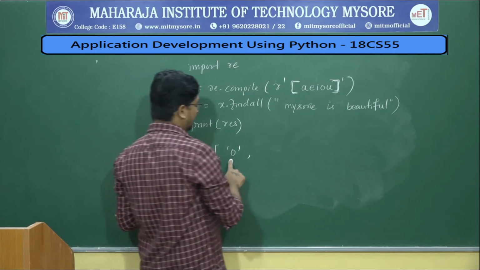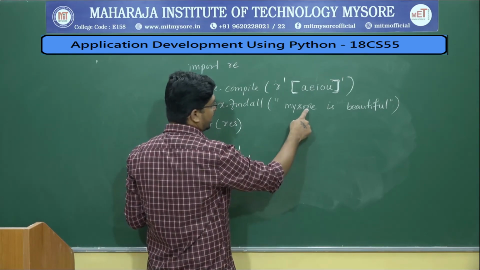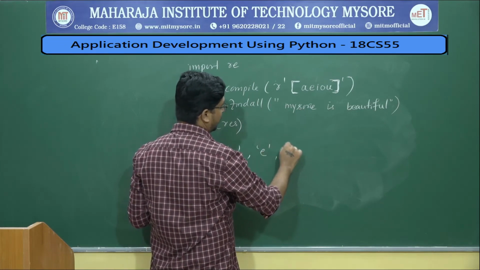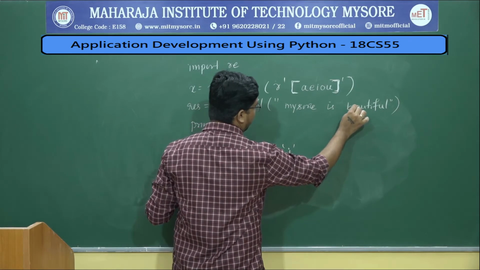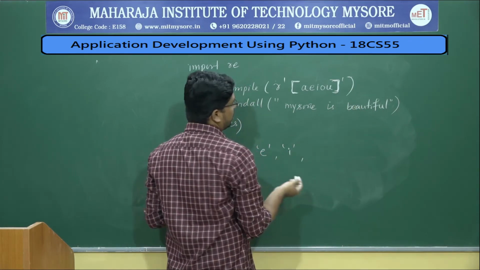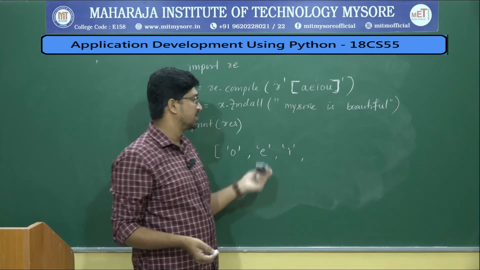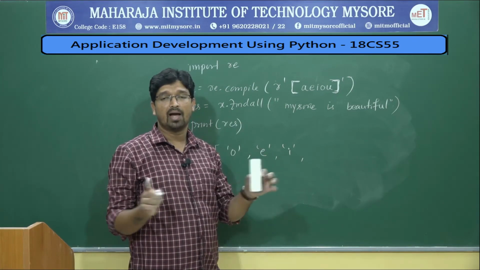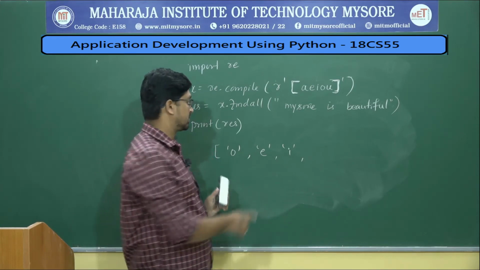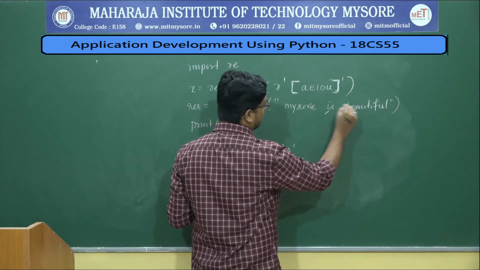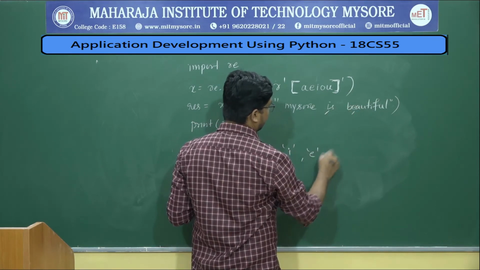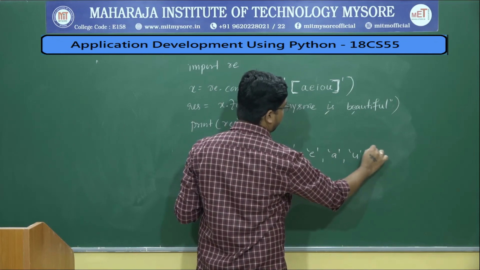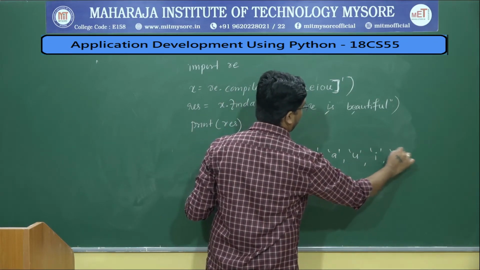Okay. O, then R is not there. E, you have E. Then I, you have I. Then again you have E. You can ask me, sir, E is already matched, will it match again? Yes, of course, because we know the find all method will match all the possible occurrences. So I is over, then E, then again A, U, again I we have, then again U we have.